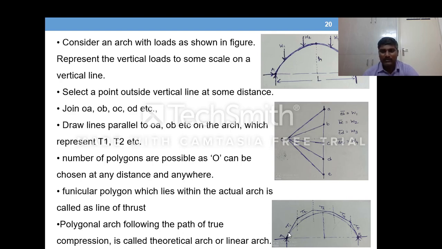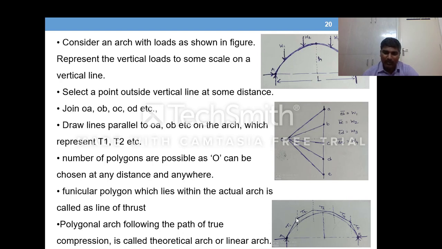Now you take the arch, the loads given. Now you draw a line parallel to OA starting from capital A. Then draw a line parallel to OB. Draw a line that will intersect with the line drawn parallel to OA.